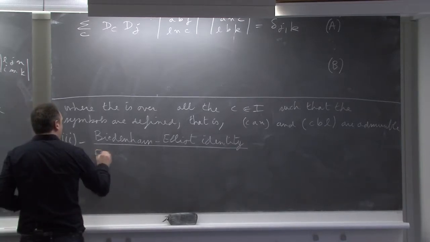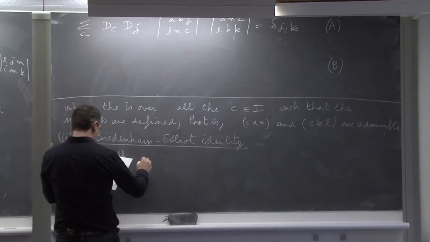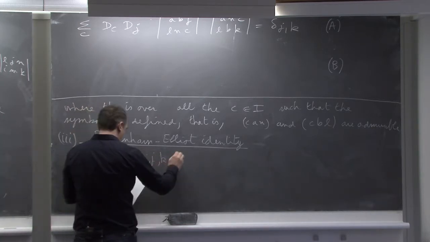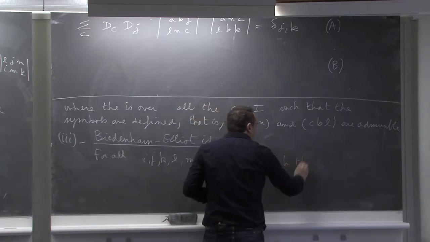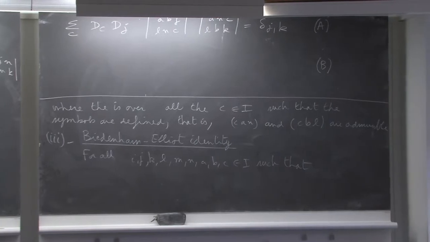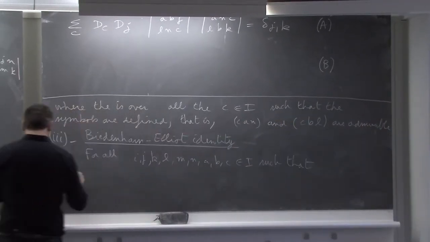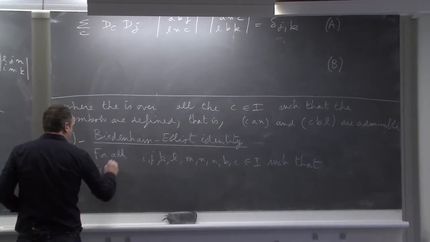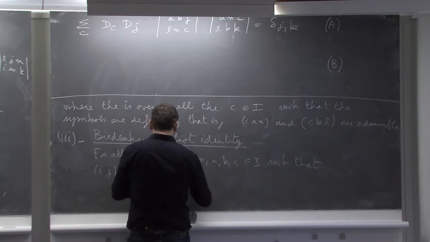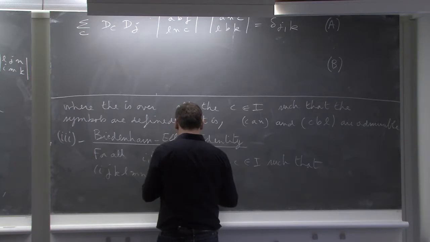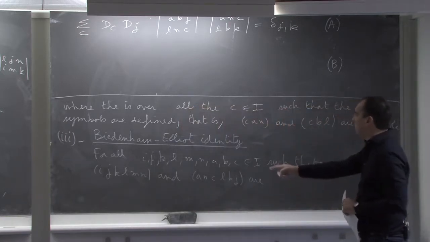So for all I, J, K, L, M, N, A, B, C in I, such that the sixth tuples I, J, K, L, M, N, and A, N, C, L, B, J, we want that these six tuples are admissible.